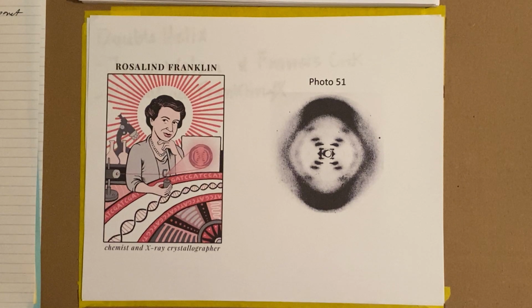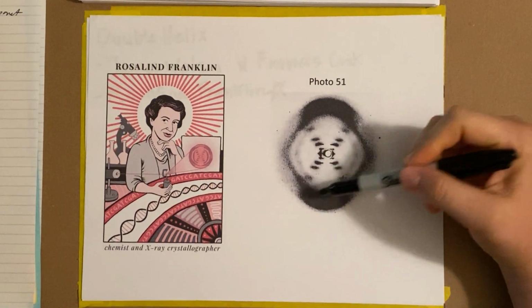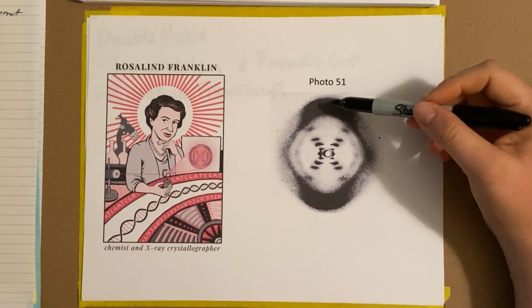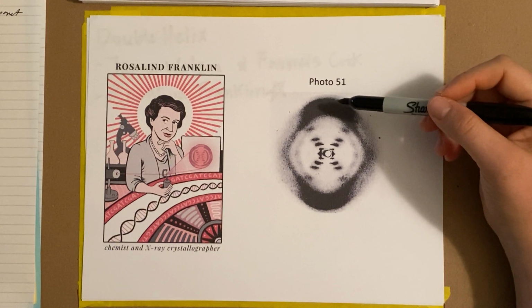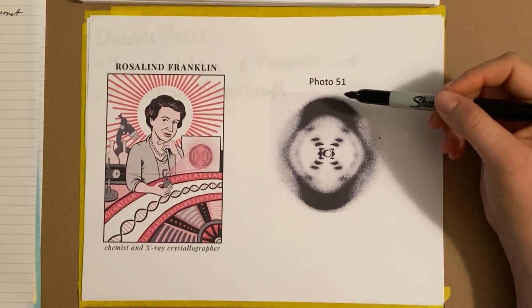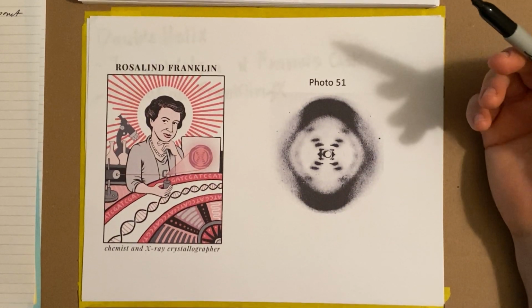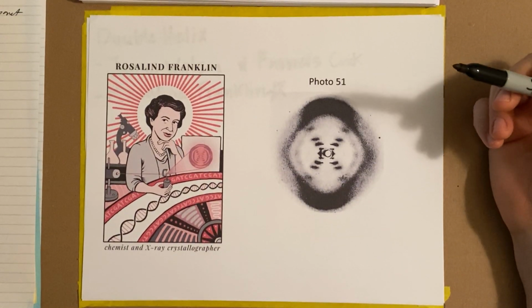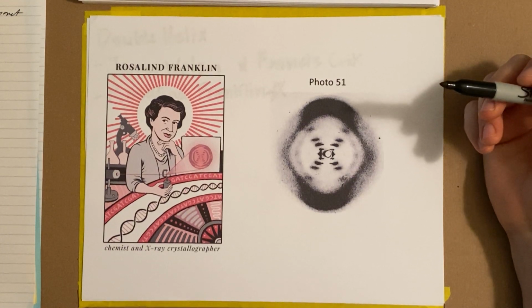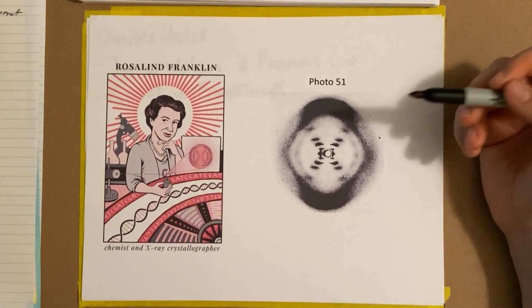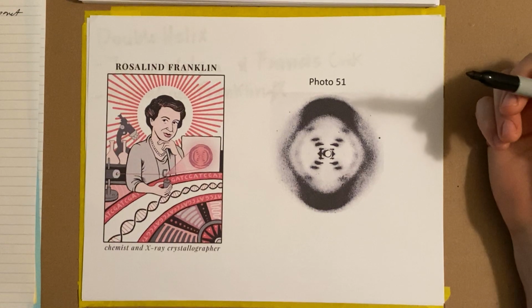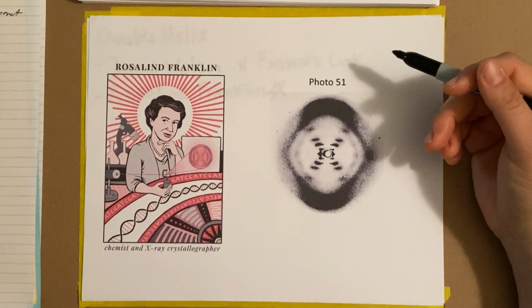Rosalind Franklin is kind of a sad character. The type of work that she did, she dealt with lots of radioactive materials, and she ultimately died at a very young age, probably I think in her 30s, of cancers caused by her work. But today she is much more recognized as a very important figure in the discovery of DNA and the double helix, and we would not know what the structure is without her.